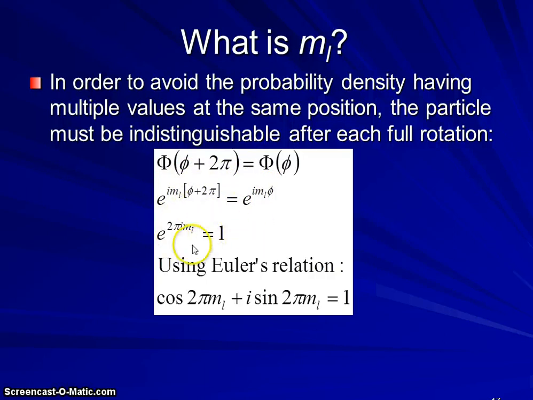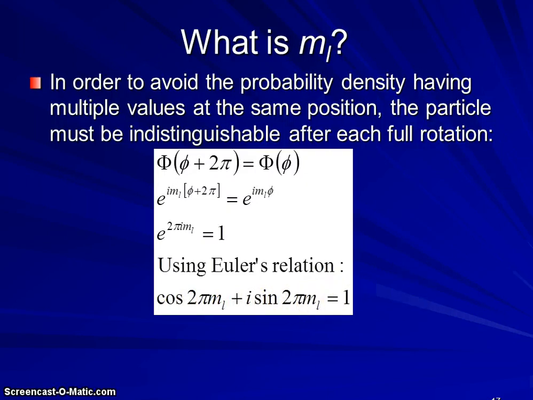the only way that will work is if we divide both sides by this term, we get e to the 2 pi i m sub L equals 1, and then using Euler's relation, we get cosine of 2 pi m sub L plus i sine 2 pi m sub L is 1.